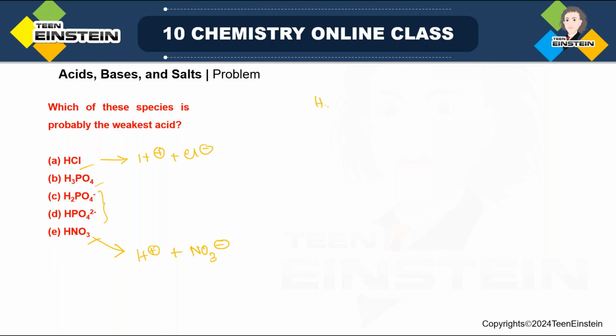Now come to H3PO4. The structure we have to understand first. Sometimes the mere presence of 3 hydrogens or 2 hydrogens does not mean that all of them will be able to dissociate. Though in this structure, luckily all these hydrogens are able to dissociate, it depends on whether the hydrogen is attached to oxygen or not.